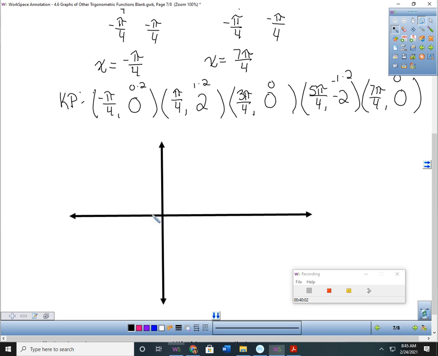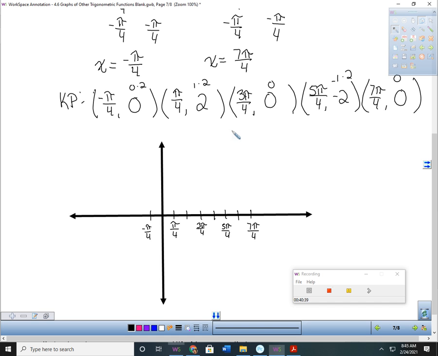So I've got negative 1 pi over 4, 1 pi over 4, 2 pi over 4, 3, 4, 5, 6, 7 pi over 4. 3 pi over 4, 5 pi over 4, 6, 7 pi over 4. Remember, I always find a common denominator, and then that's what I count by. These already have a common denominator of 4.